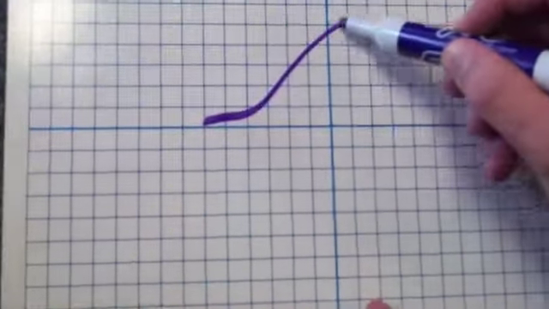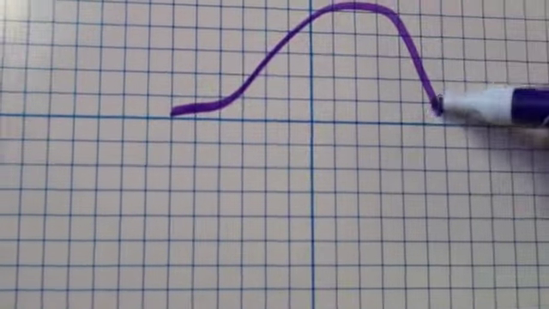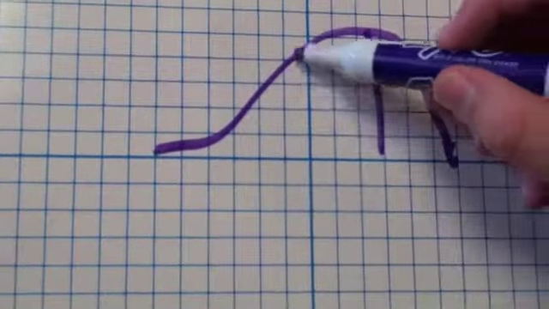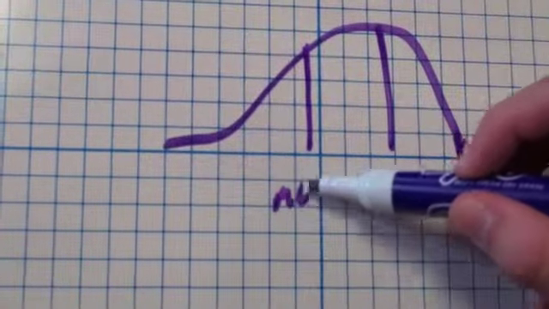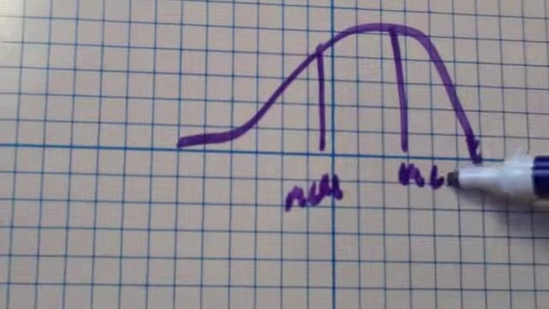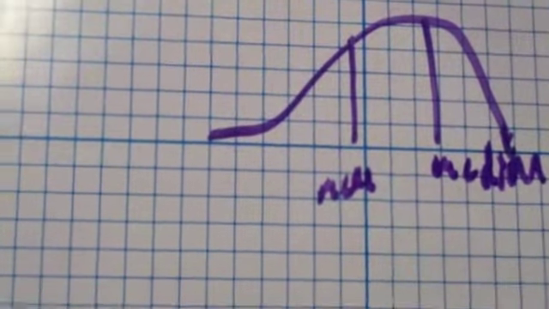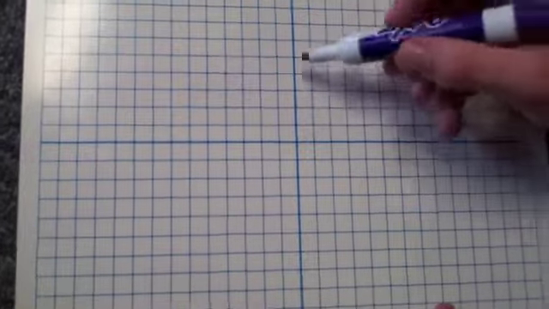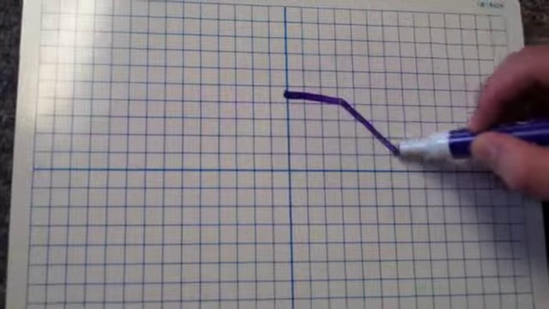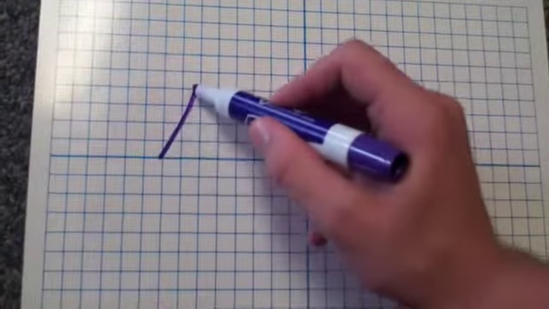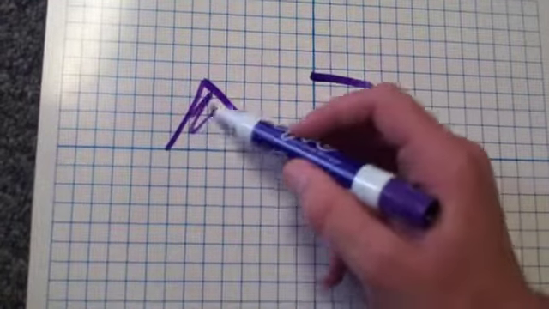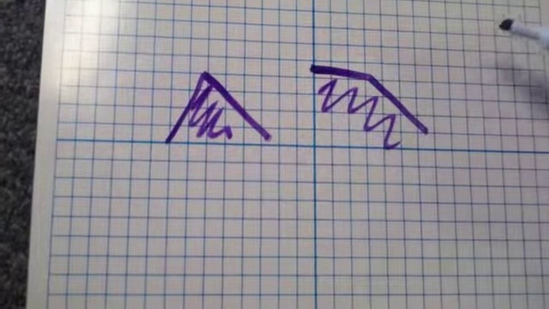Other cases would be skewed to the left, in which case the median is greater than the mean. So this would be mean, this would be median. Density curves don't always have to look like that though. A density curve could be shaped like this, could be shaped like that. But the area is still always going to be 1 underneath it.